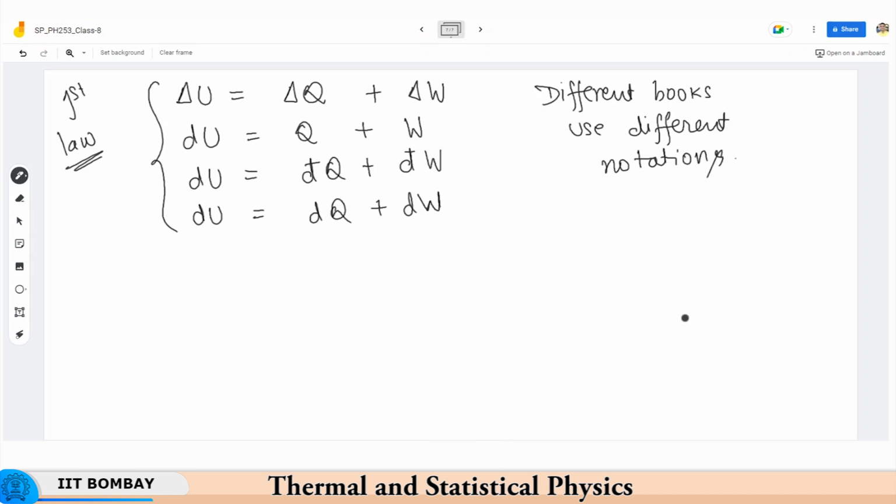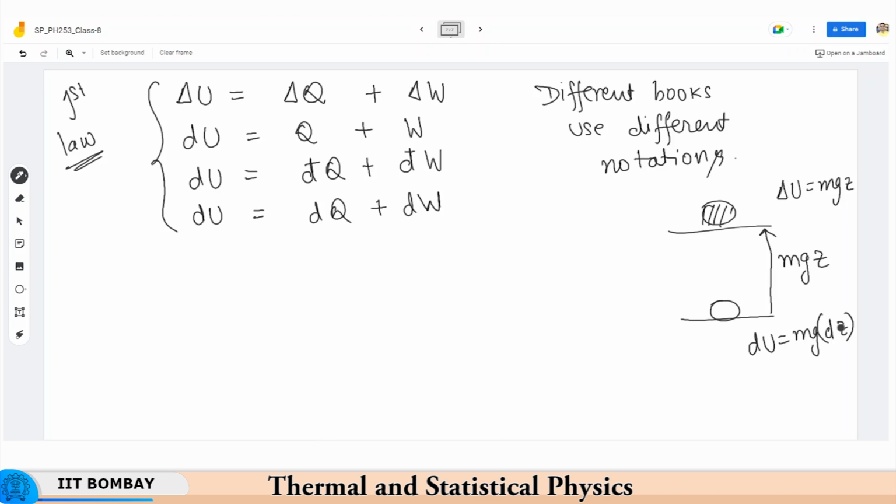Say I have a ball which is kept on the floor, and I raise it by a certain height z. The amount of energy that has gone into this system is mgz, which is the change in internal energy of this system. If you want to write it in differential form, I can just write mg times dz.